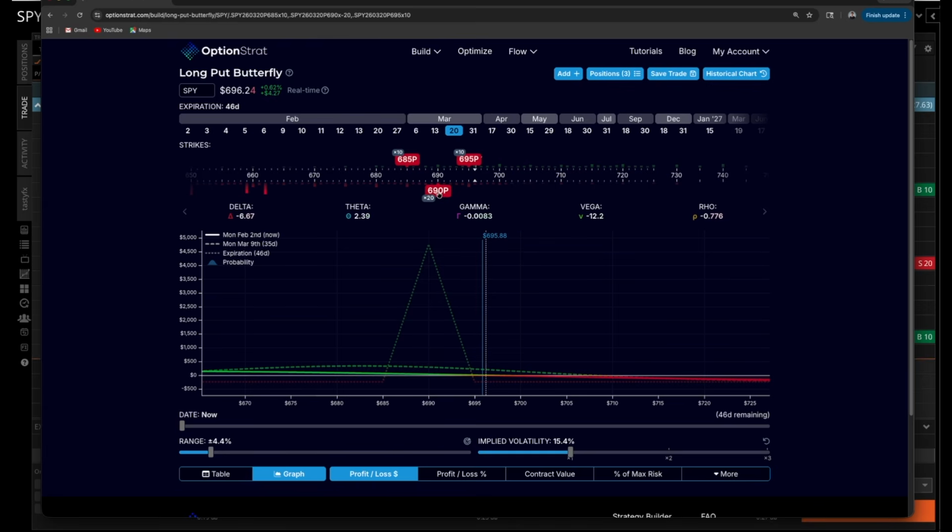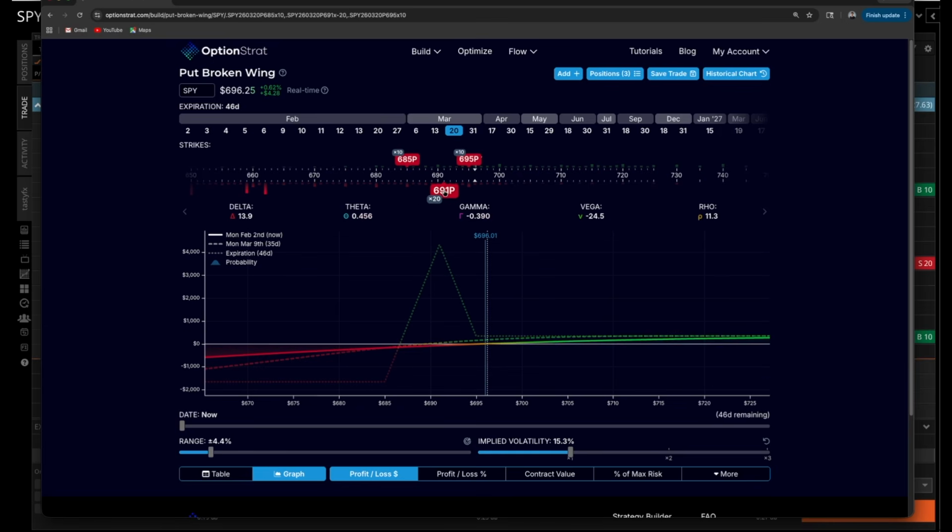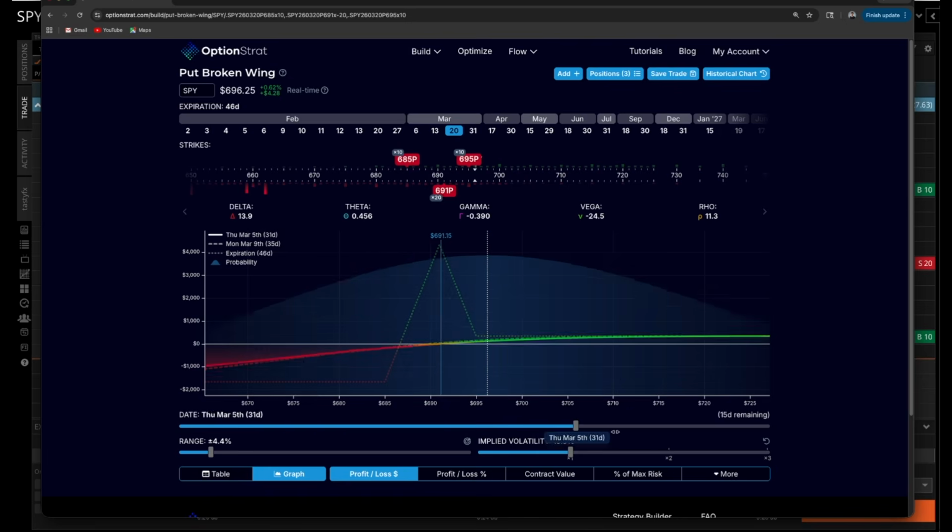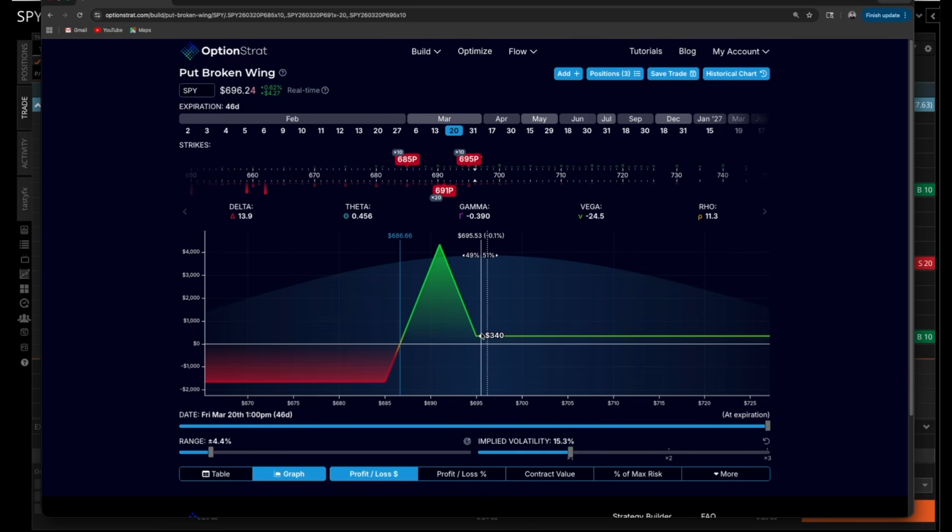And to give this more of a bullish tilt, I'm just going to slide the center guts of the butterfly up one strike. And we can see how this would change the profit and loss diagram at expiration. We could put this on for a credit of $340. So we don't have any risk to the upside in this structure. And in fact, we would lock in that net credit if we held this to expiration and SPY traded higher.